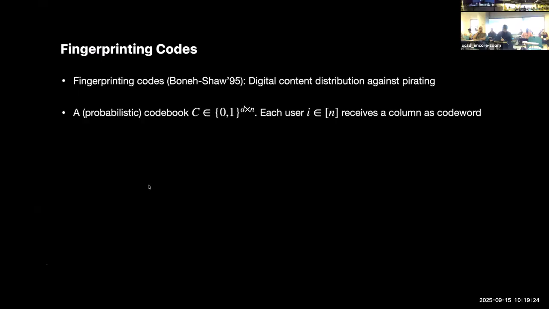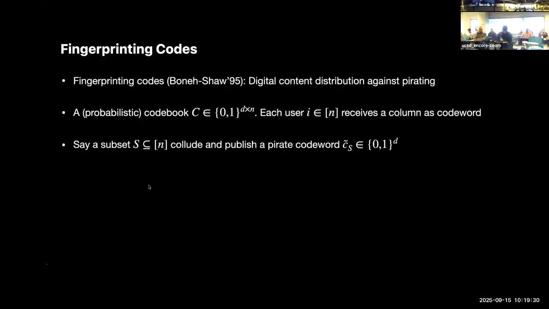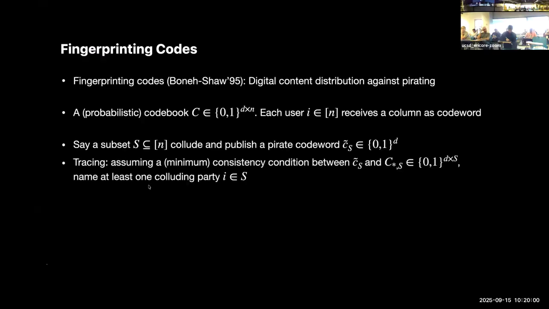Each user i will receive a column as a code word, and say that now there is a subset S of users. They collude and try to publish a pirate code word. Visually, imagine a subset of the columns are available to this subset of users, and they try to collude based on the available information and publish a pirate code word, also a column vector of size p.